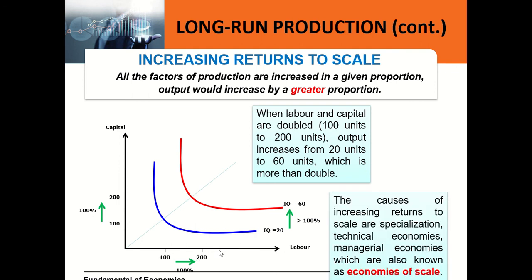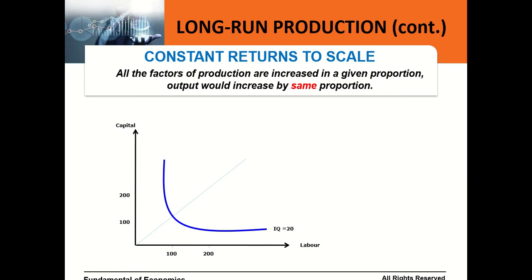Next is constant return to scale. What does it mean by constant return to scale? As we change all inputs, or increase them in proportion, here the output will increase at the same proportion. For example, let's say we begin with this point here, 100 labor and 100 capital are needed to produce 20 cars.